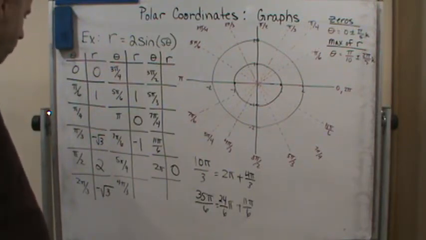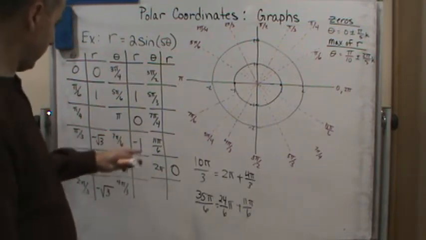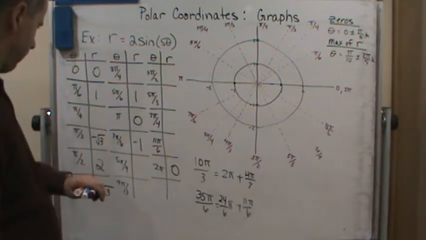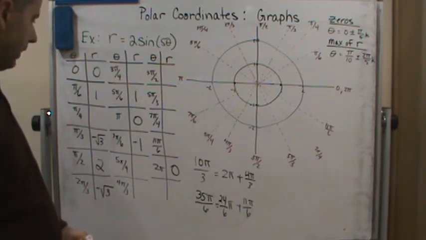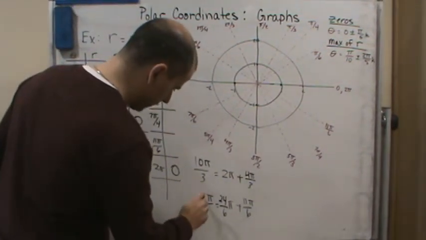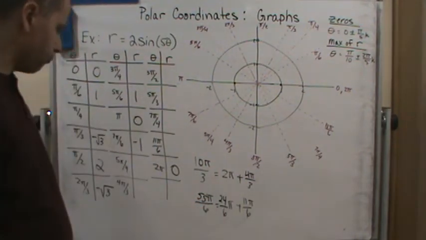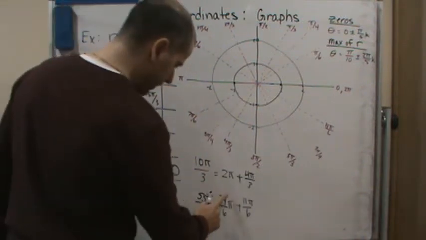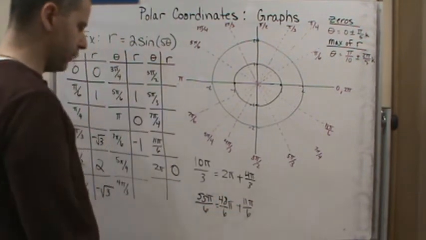Okay, now, what about this one? So we're going to get some others. So here's another one, 11 pi over 6. So this can be 55 pi over 6. So if I start with 55 pi over 6, well, now what I can do is, that's going to give me 48 pi over 6.